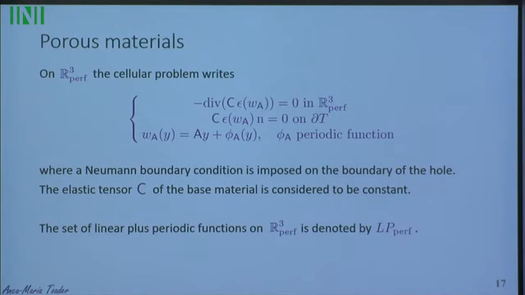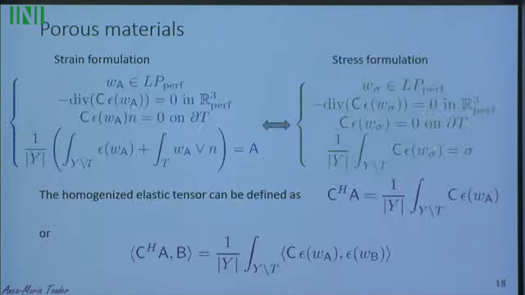The elastic tensor C corresponds to the base material and is considered to be constant. Note that here C might be anything, it does not need to be anisotropic. And we'll denote by L_P perf the linear plus periodic functions defined in this R3 perforated space.